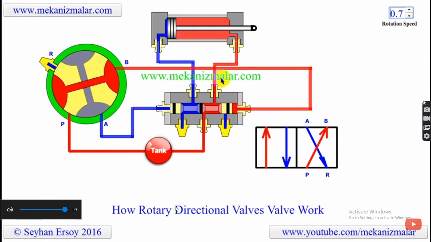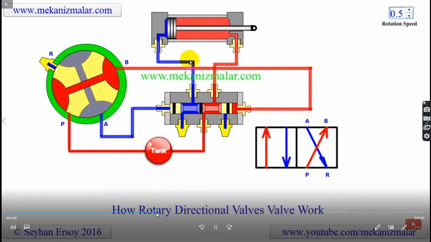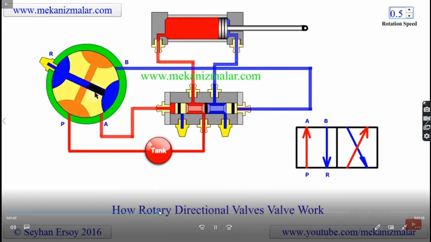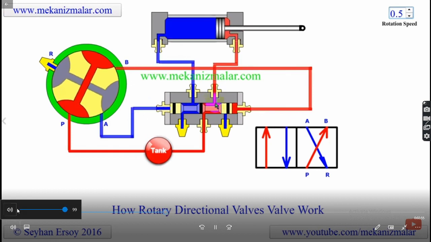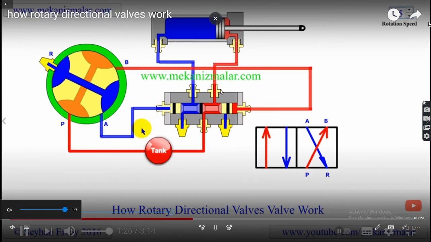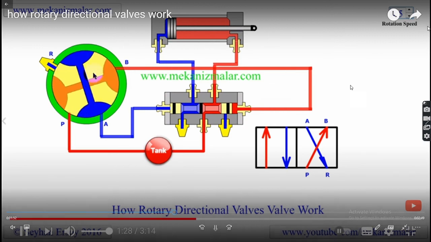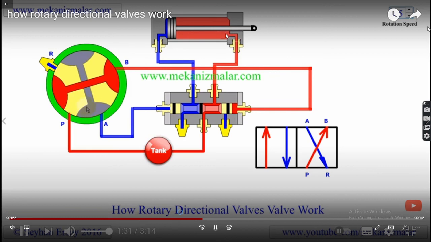Valves. One of them is a pneumatic reciprocating four-way rotary directional valve that controls the pilot ports of a 5-port, four-way air-to-air valve. See here, instead of a spring, it is shown as double acting.